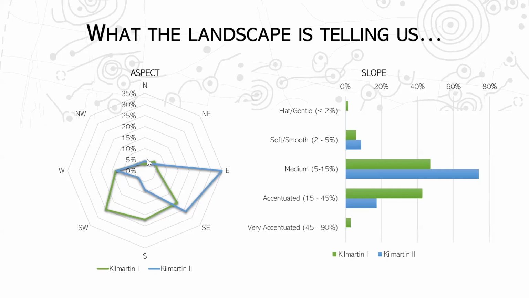So it is interesting to see that the majority of panels fall in the medium category, with 5 to 15% inclination. This opens up possibilities for types of activities that could have been carried out in the surroundings of the rock art in Kilmartin.